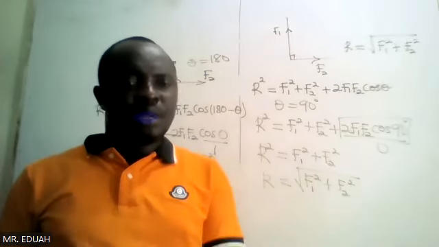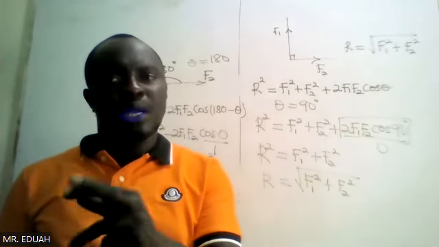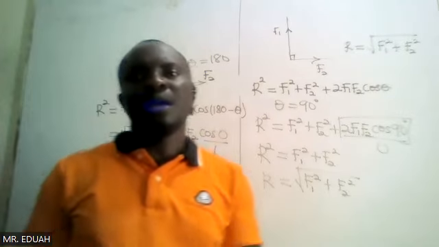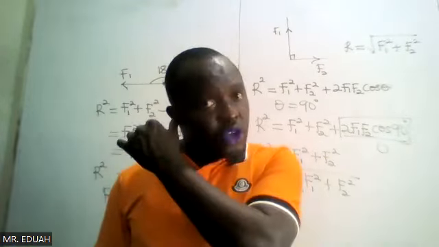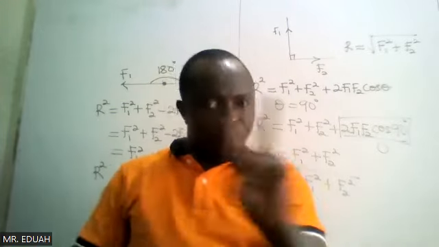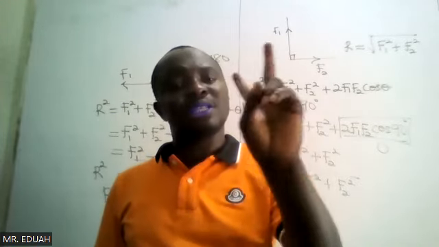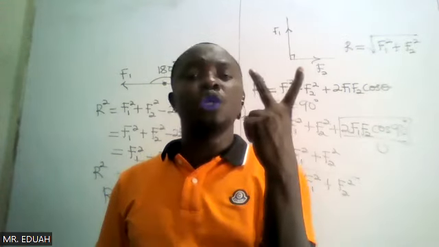But I want you to understand that the cosine rule is a super rule because it can be applied to all two forces. Its limitation is that it works for only two.